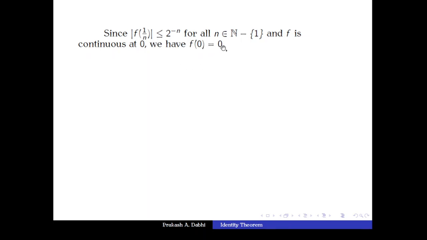Again, I am saying f is continuous at 0, and 1/n tends to 0. Therefore f(1/n) tends to f(0), and by this condition f(1/n) is tending to 0, and therefore f(0) equals 0.